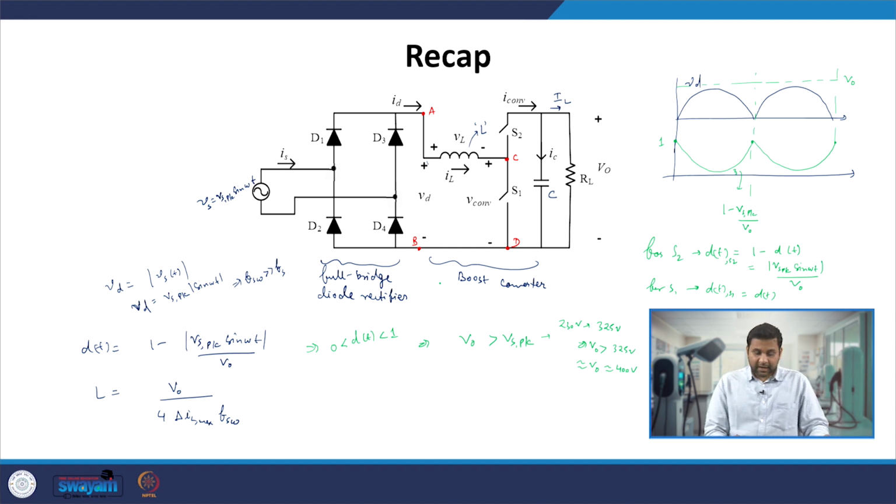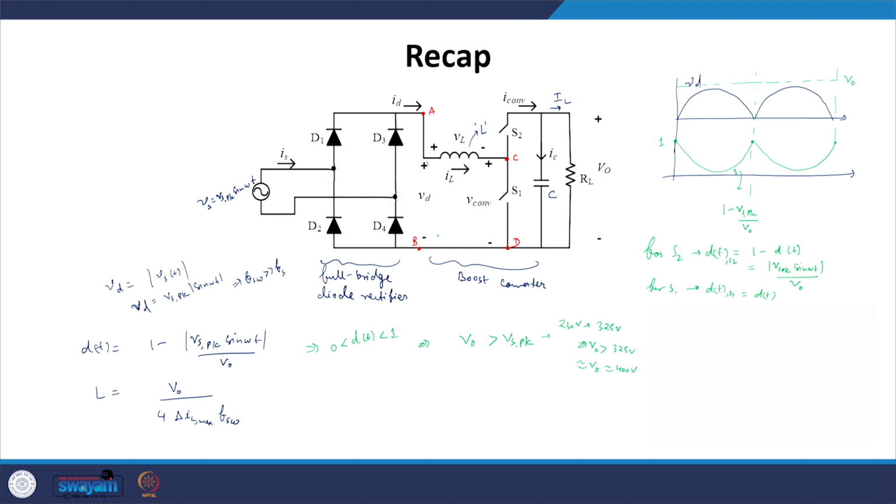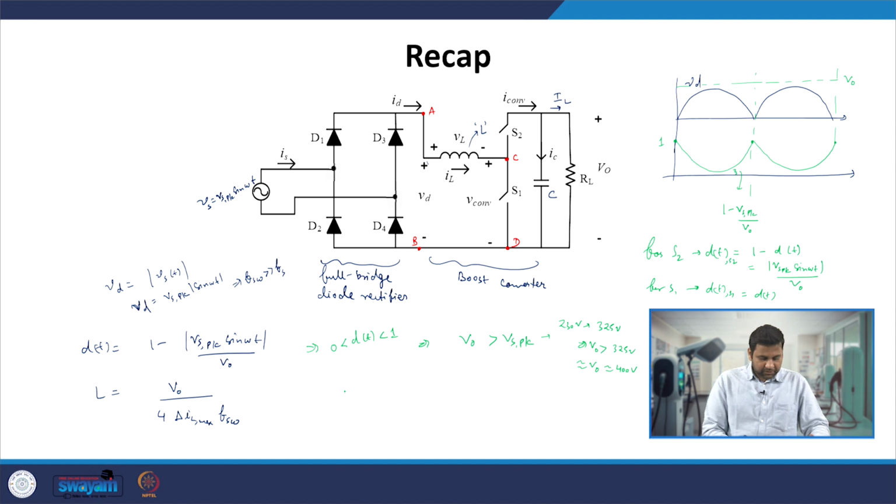You need to size your inductance value, appropriately size your capacitance value, define the voltage and current ratings of your S1 and S2 switches, and similarly define the ratings of D1, D2, D3, D4, such that one can select the appropriate components.